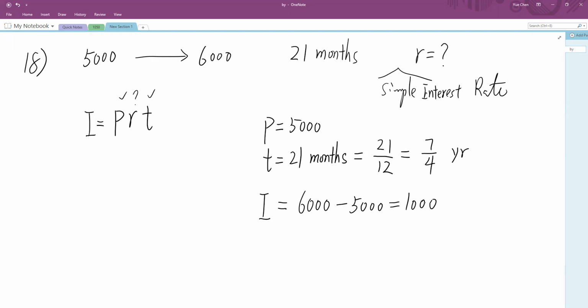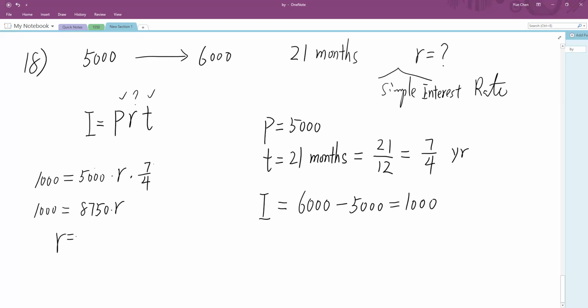We just plug in. So this is 1,000 equals 5,000 times R. R is the thing we are looking for. Times T. T is 7/4. So 5,000 times 7/4, which is 8750 times R. So just multiply these two numbers.